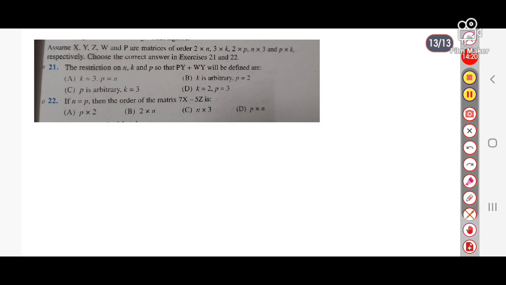So they are asking us to, okay, fine. Now PY is defined when k equals 3, that is p cross 3. Let me just take the first option as a consideration.